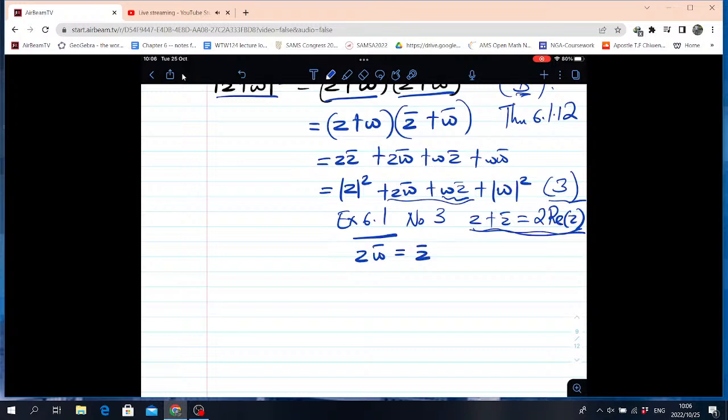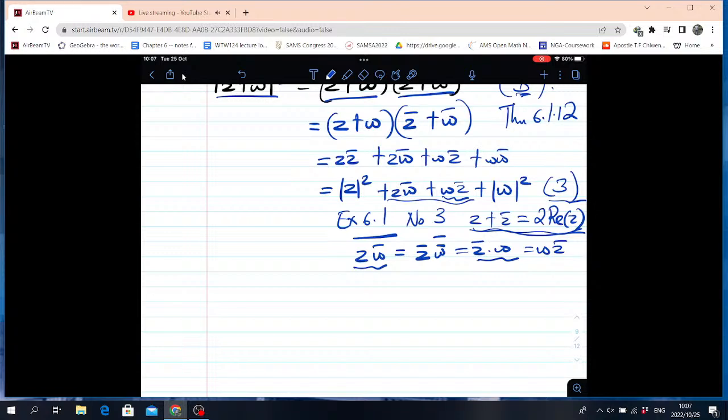We've got Z bar times W bar bar, right? That's what we do here. And then W bar bar, which is W, so we get the conjugate of Z times W. And once we get this, we know that this is going to be equal to W times Z bar, by commutativity of multiplication of complex numbers.